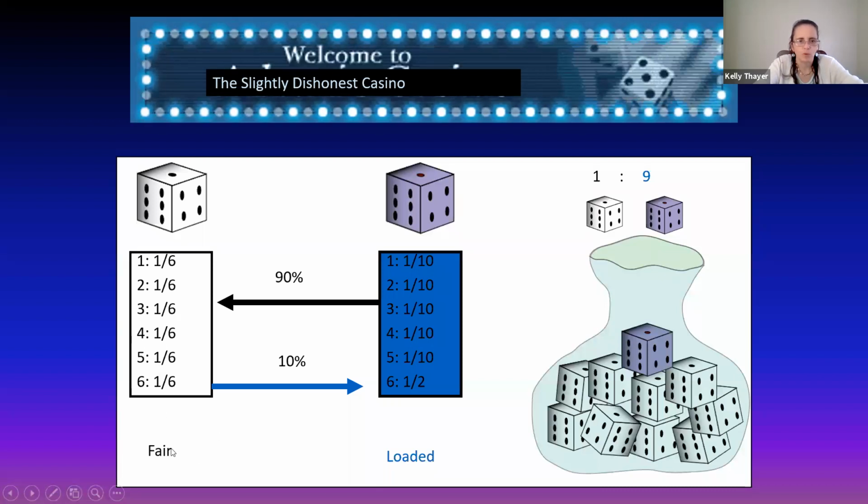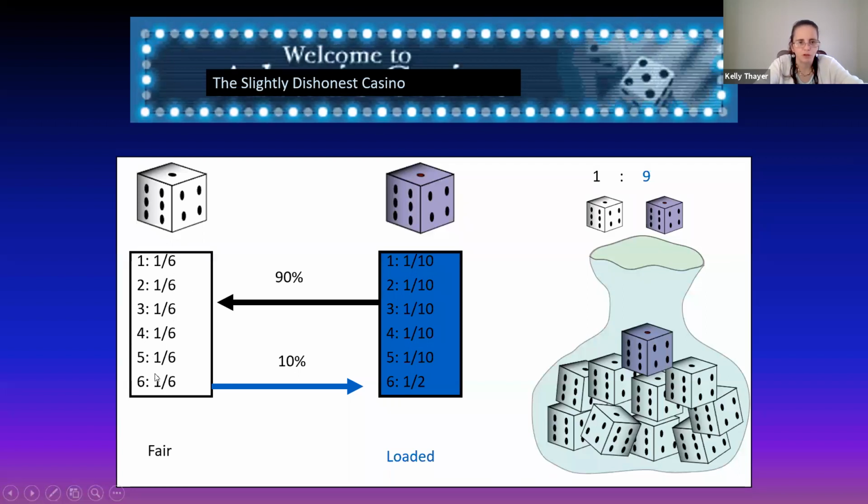So this is what we would expect from our loaded die, and this is what we would expect from the fair die. And because these are in a ratio of 9 fair dice, if we randomly reach into the bag and pull one out, we would have a 90% chance of pulling out a fair die. So if we have just seen this loaded die, we'd have 90% chance of getting the fair die the next time.